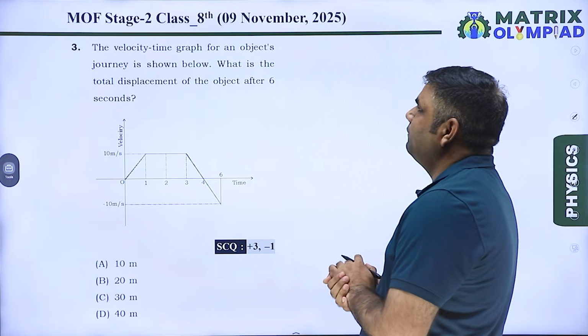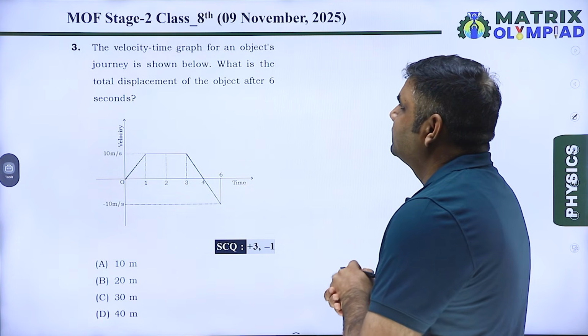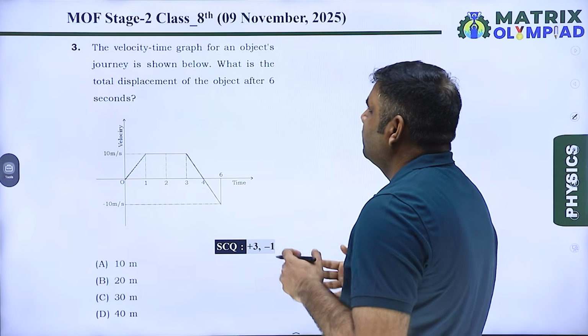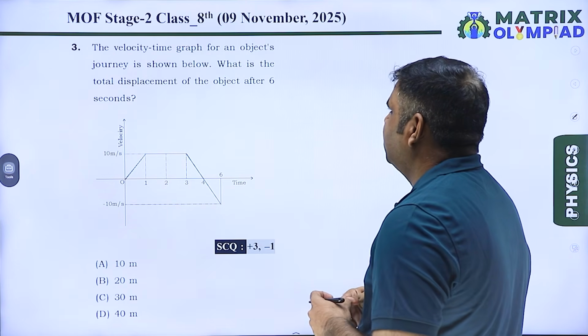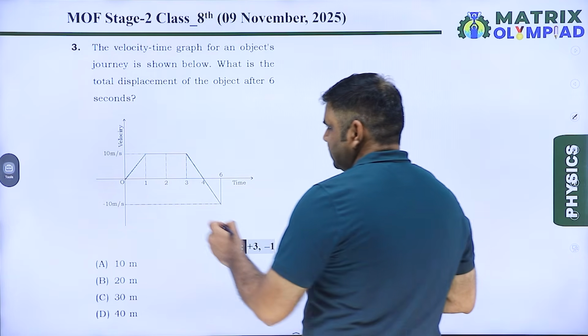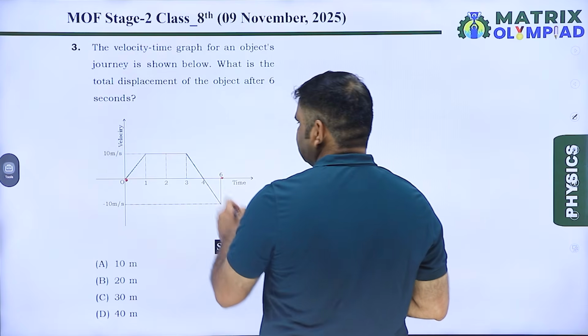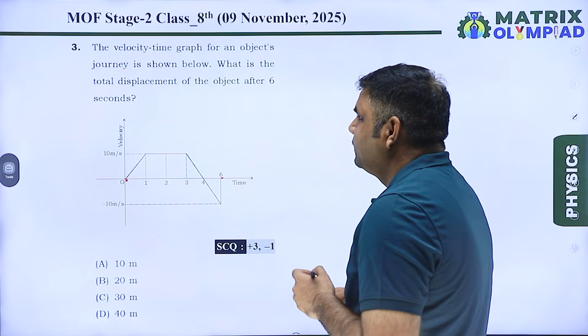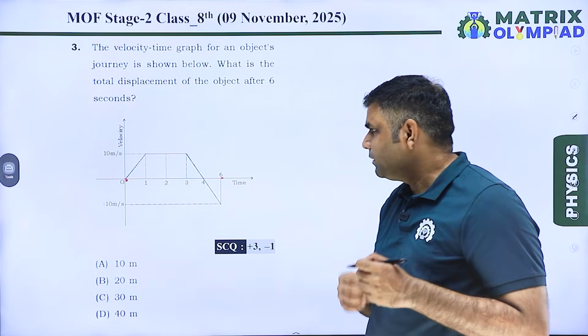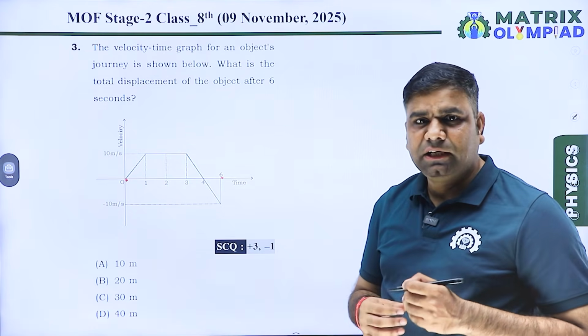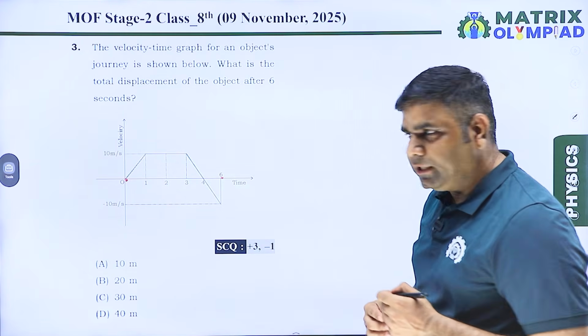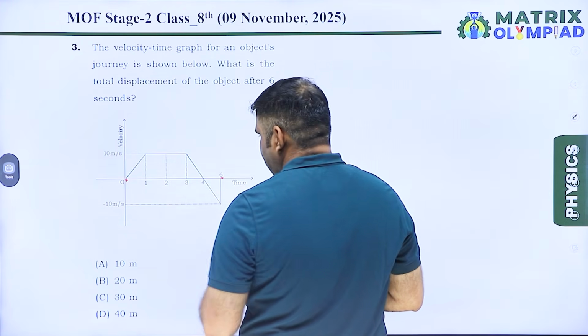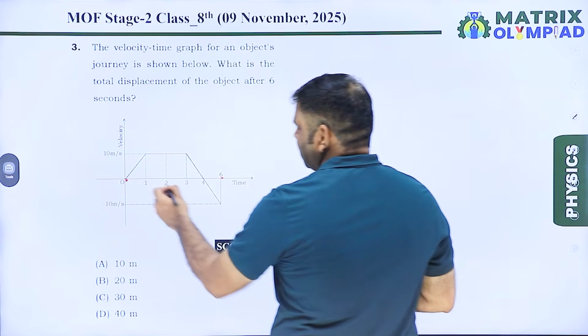The velocity time graph for an object's journey is shown below. What is the total displacement of the object after 6 seconds? From 0 to 6 we have to find displacement. So student, we know that the area of the velocity time graph gives us the value of displacement. So in this graph we are going to find the area.